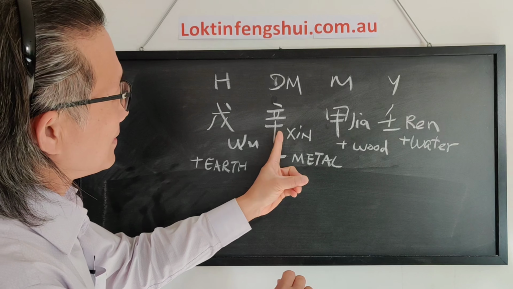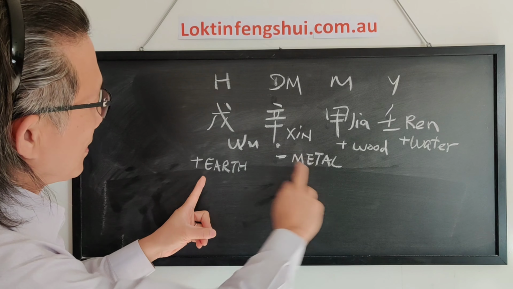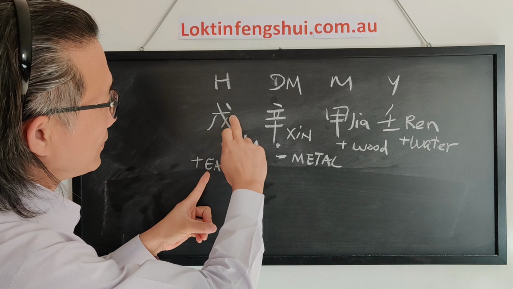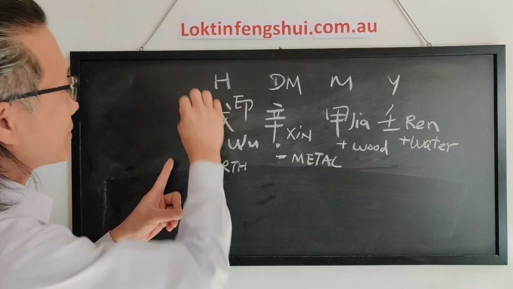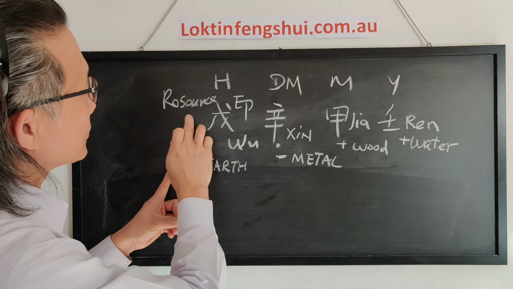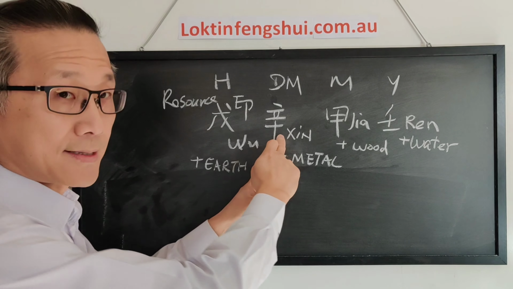So first, the metal. Earth, right? Earth produces metal, and that's a Yin and Yang produce. So the Wu is the Yang resources to the Xin.